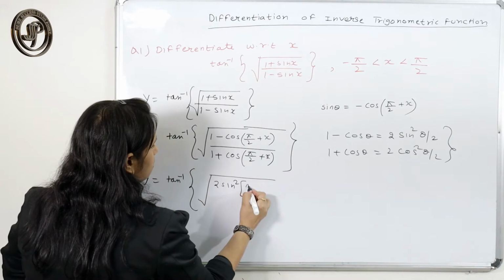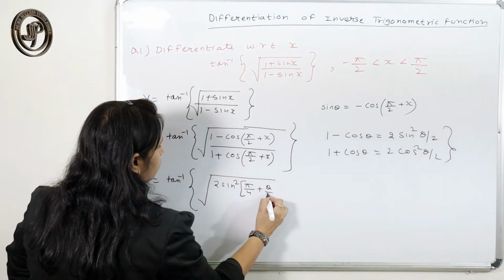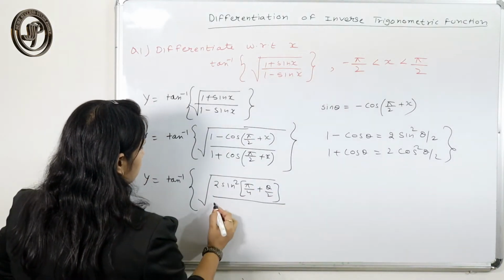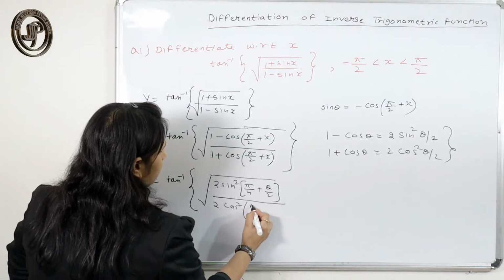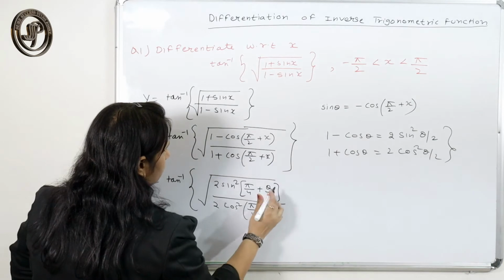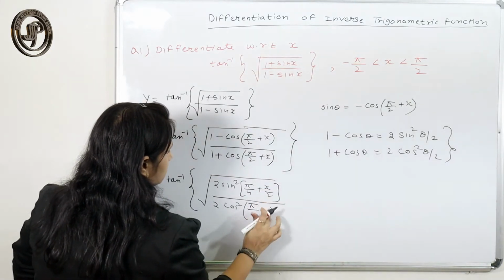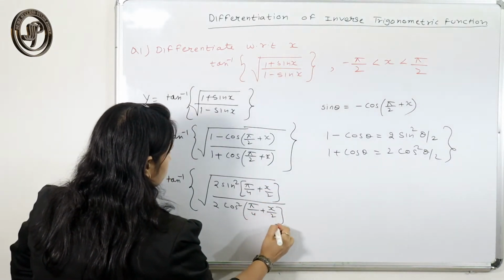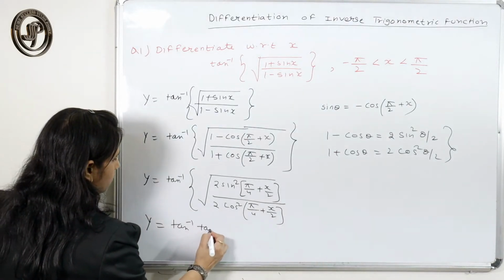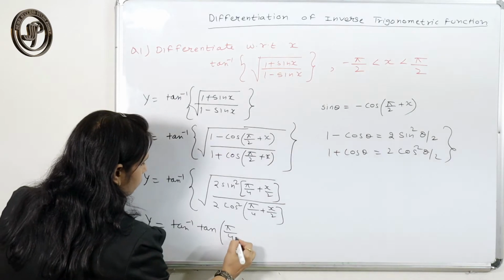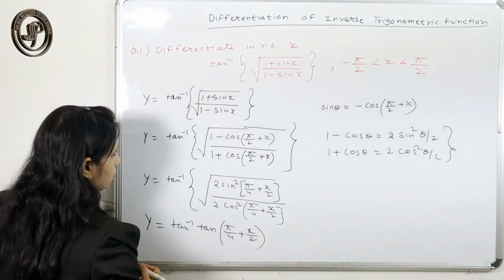Theta is your pi by 2 plus x, so theta by 2 you will get this. So if you simplify this, you will get tan inverse tan of pi by 4 plus x by 2.